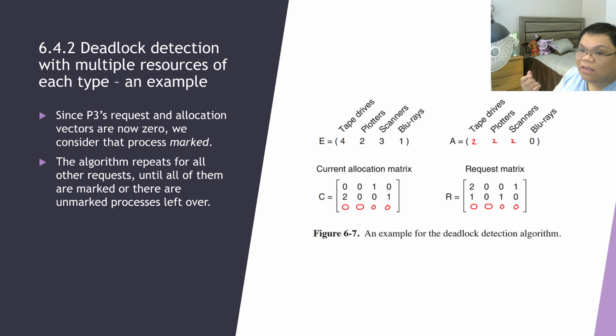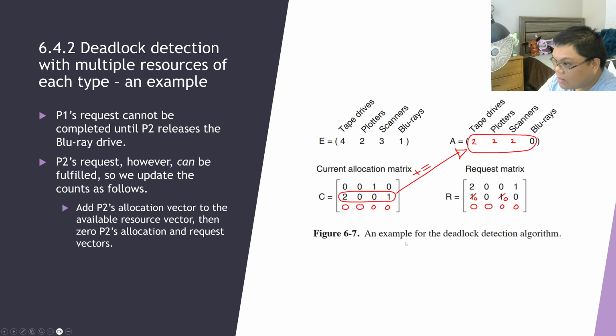Can we fulfill another request given these resources now that we know that process 3 can terminate? Yes, you can. Because look, in the case of process 1, it still needs a Blu-ray drive, but we still don't have that available yet.